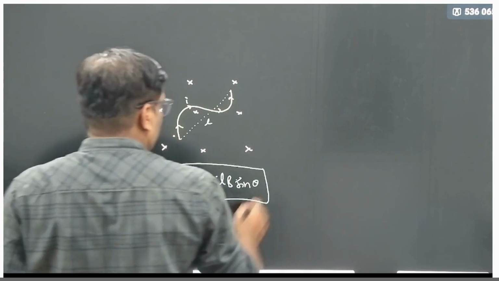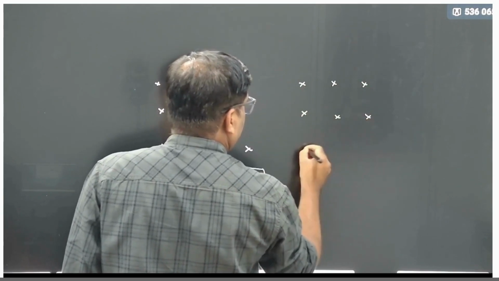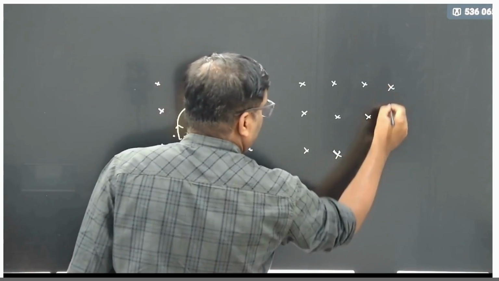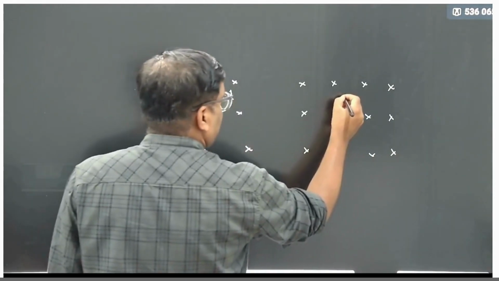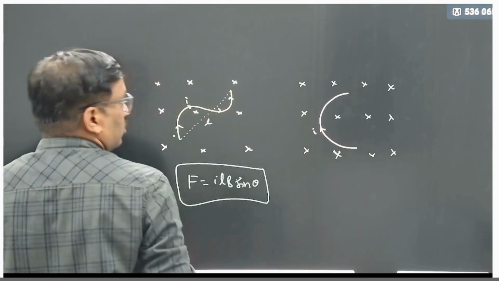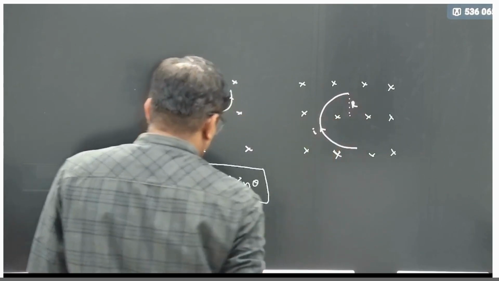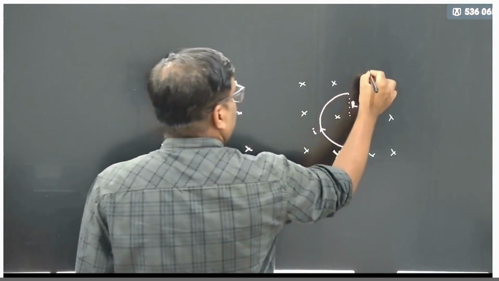Can you tell me one small, simple question? This is a magnetic field, and a current carrying conductor is here, like this, with current I. The radius is R. The magnetic field is B. So what will be the force?